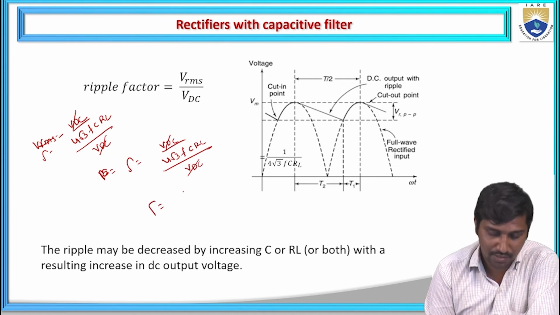Then the ripple factor is 1 by 4 root 3 F into C into RL.